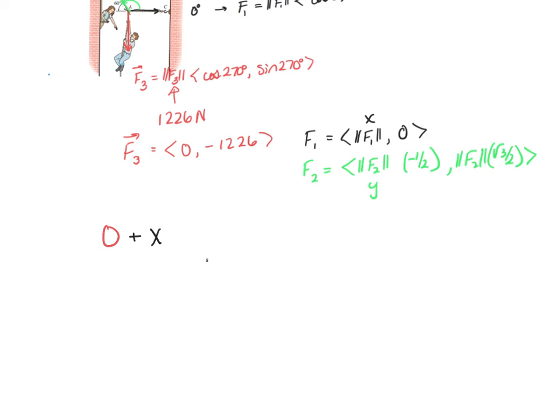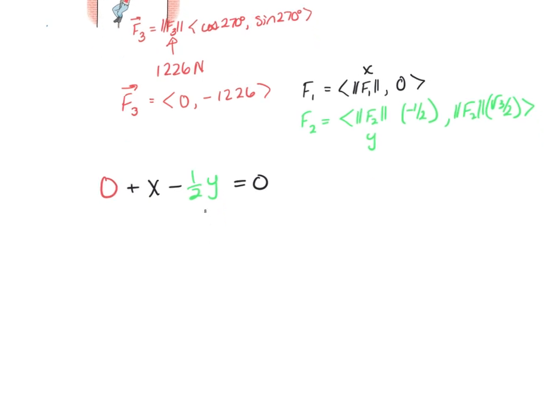So then I have x, minus 1/2 my y. Because we're not moving, this has to equal 0. This is the summation of the forces in the x direction, and it has to equal 0.